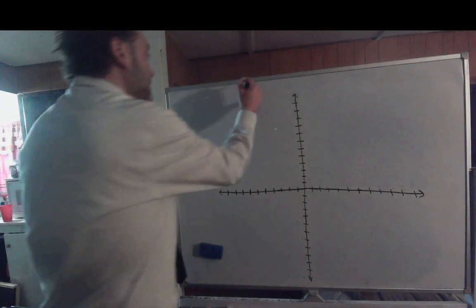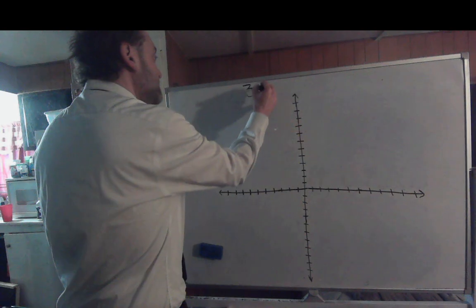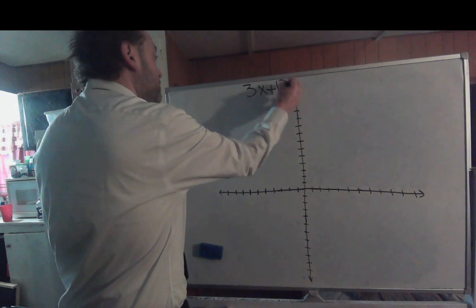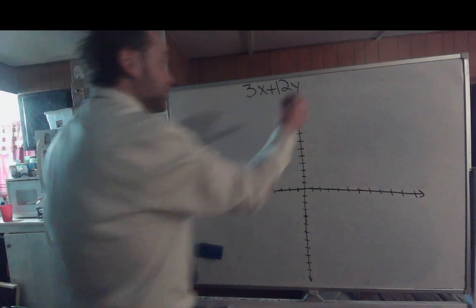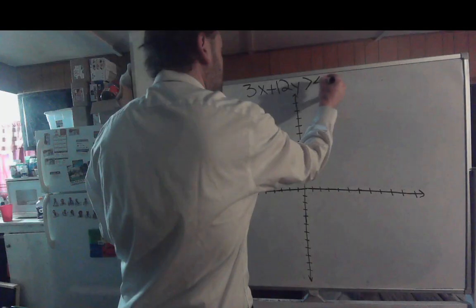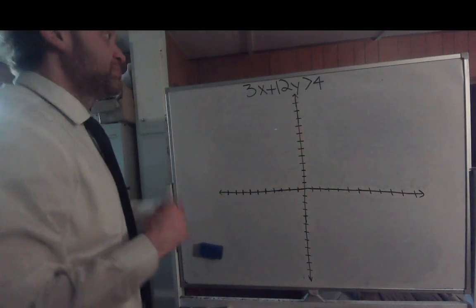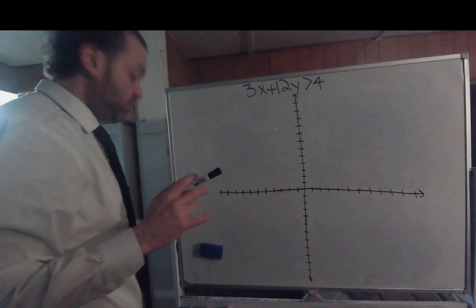Now what if we have something like 3x plus 12y is greater than 4? So we have 3x plus 12y is greater than 4.